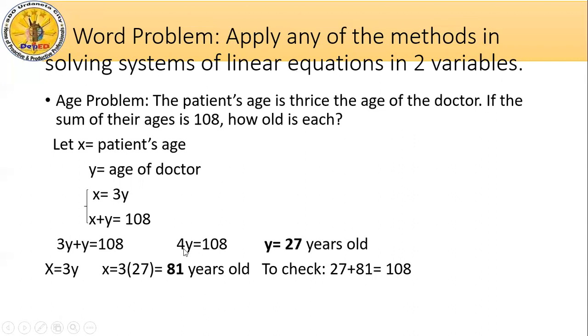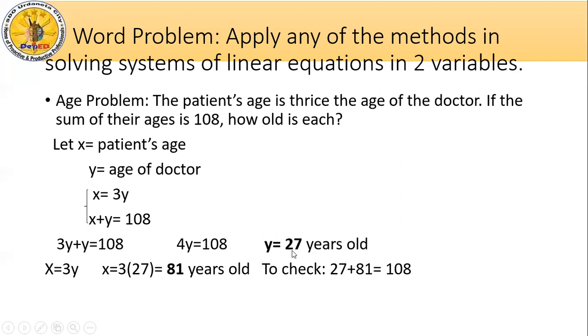Divide both sides by 4. Therefore, the age of the doctor is 27 years old. To find the age of the patient, we just substitute into X equals 3Y. So 3 times 27 is 81. Therefore, the age of the patient is 81.